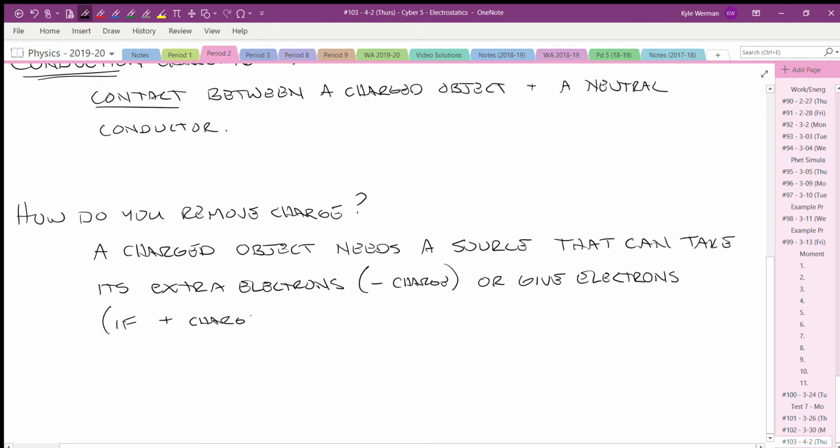And by doing so, that object would no longer have a charge at all, right? And so you could therefore remove its charge.